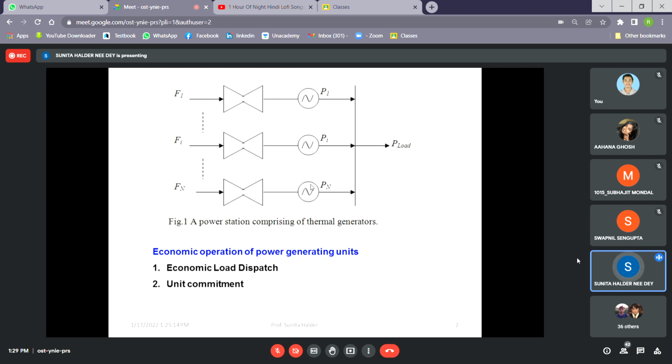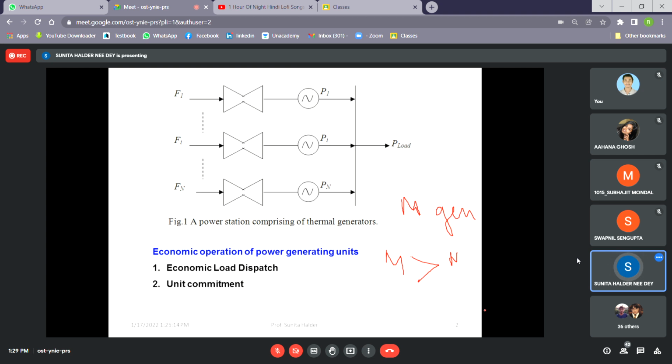So this is the economic load dispatch. Economic issues have also one more term, that is unit commitment. Say you do not have n number of generators. Instead of that, you have m generators, right? M generators, and m is more than n. But at a time, the power plant operator is planning to load only n generators.